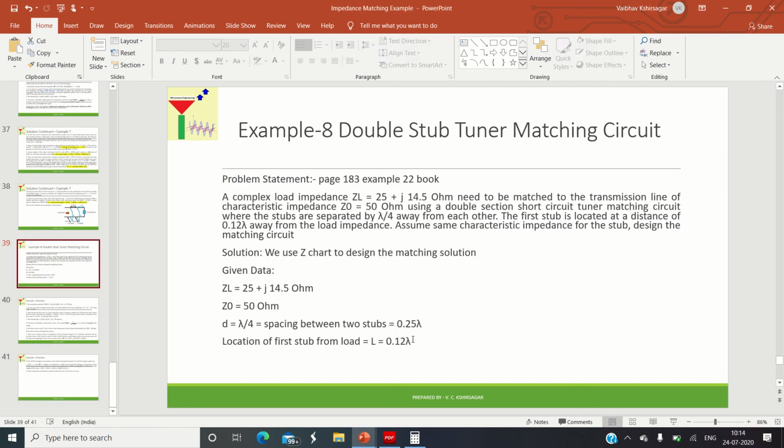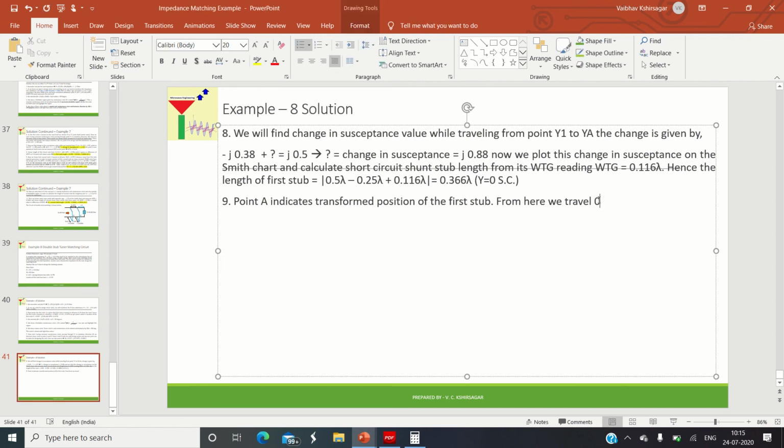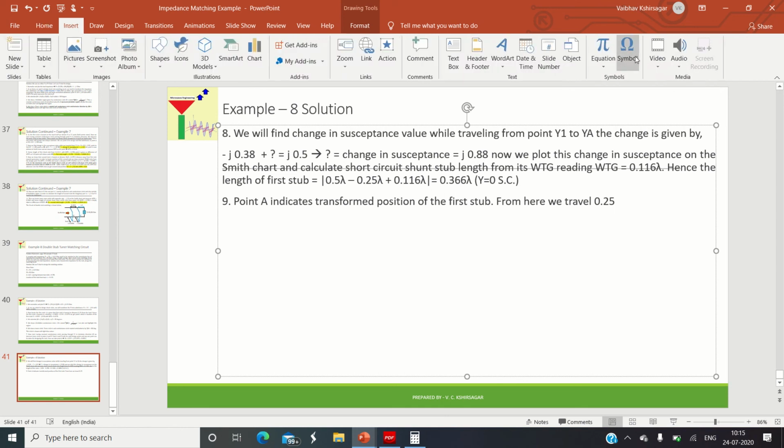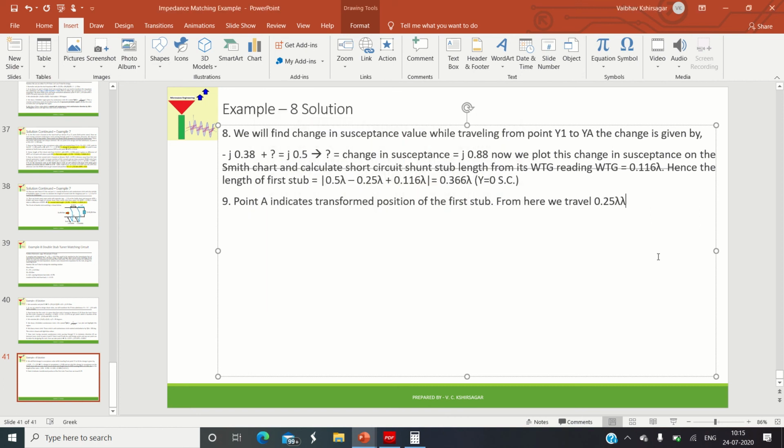We need to travel lambda by 4, that is 0.25 lambda. So I will write here, 0.25 lambda to reach the position of the second stub.